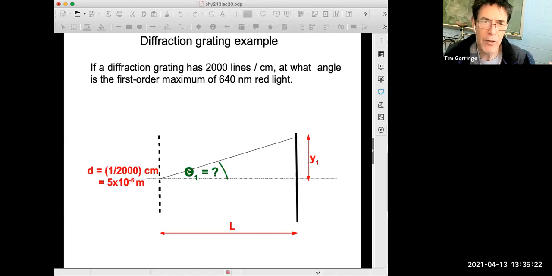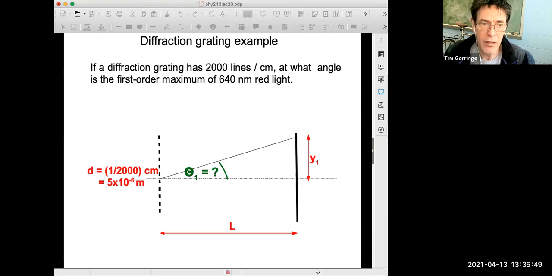Now remember, there's a little bit of terminology here: 2,000 lines per centimeter. With diffraction gratings, they always tell you the lines per centimeter, that there's 2,000 slits per centimeter. If you wanted the separation between individual slits, in centimeters it'd be 1/2,000.